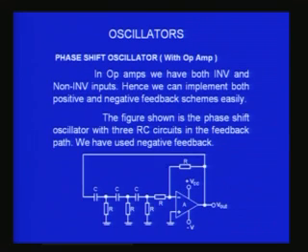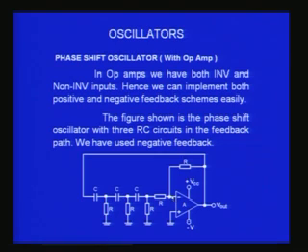How will we do that using an operational amplifier? You know, in an operational amplifier we have another advantage. The advantage is you have both inverting and non-inverting inputs, so whatever type of voltage feedback you want to give, you can give in principle. But now what we are going to do is still use that 180 degrees out of phase, as we did in the RC coupled amplifier phase shift oscillator I just showed.